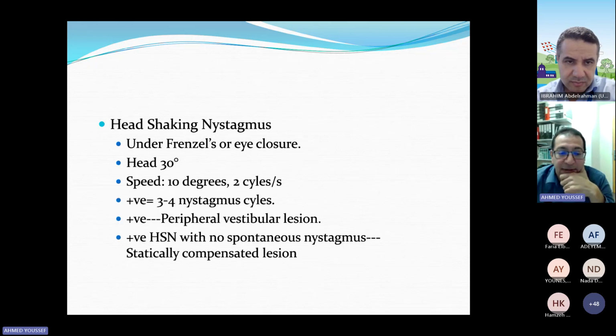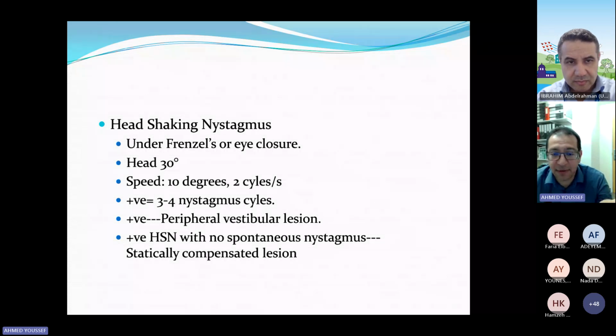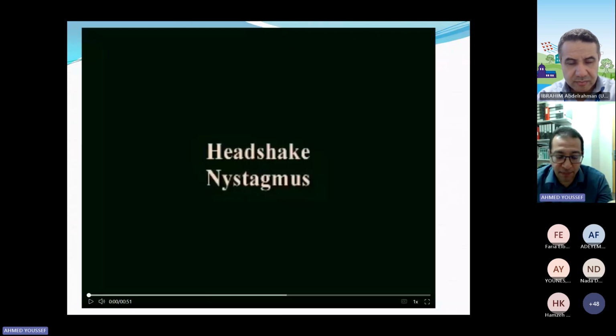And if it is positive, this is an indication of a peripheral vestibular lesion. So as we could see, we look for any signs of central pathology through the cranial nerves, the cerebellum, the nystagmus, the smooth pursuit, and then we head into trying to actively find if there are signs of peripheral vestibular pathology. And that's how we do the head shake nystagmus.